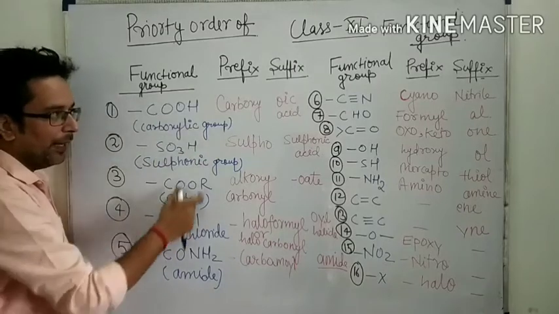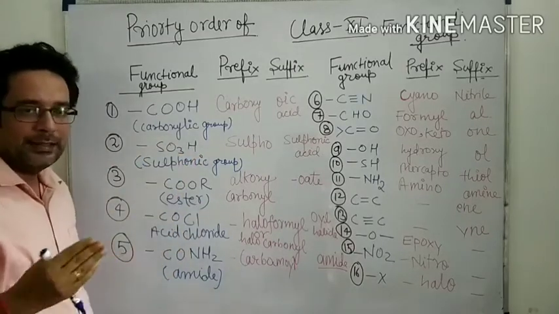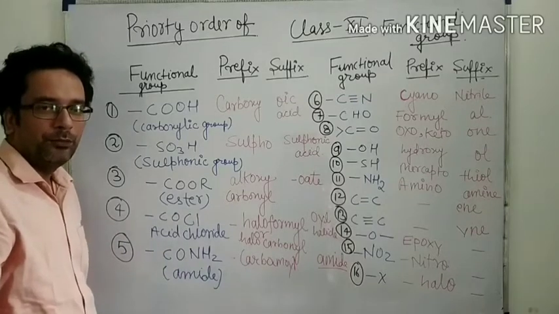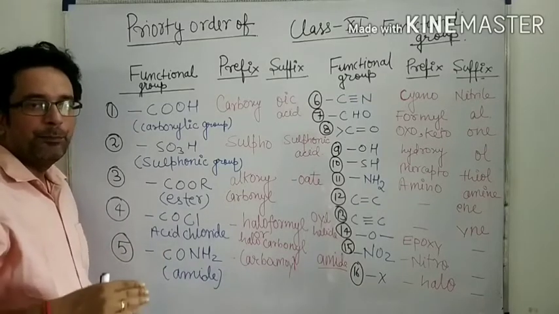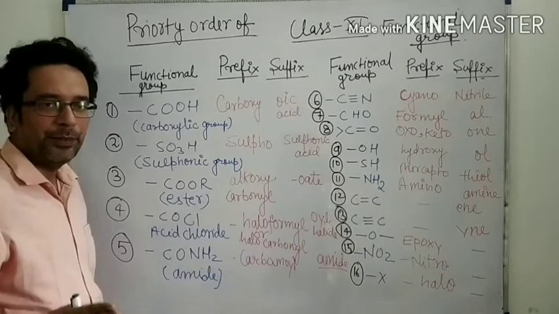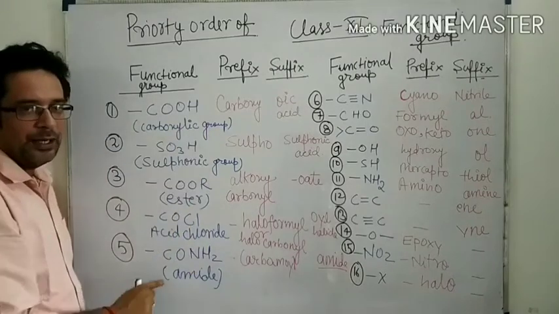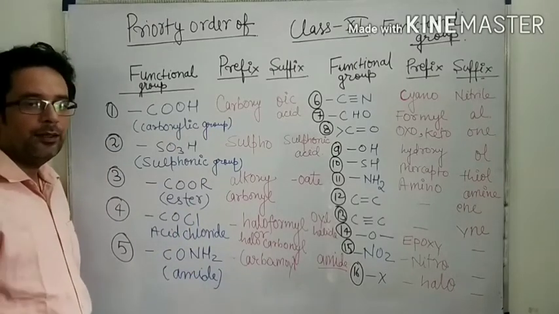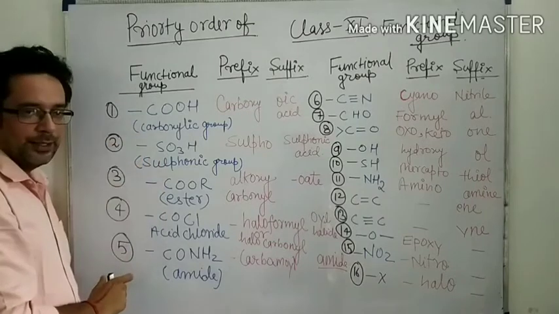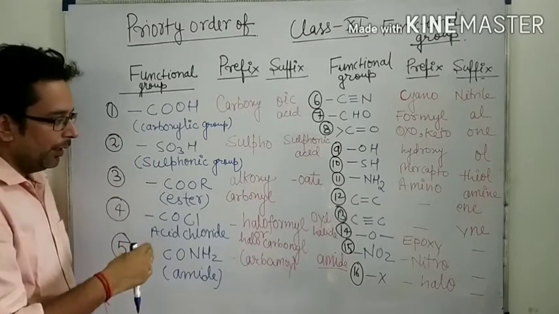On the basis of this seniority table or priority order, we identify which functional group is the principal functional group and which functional groups are used as prefixes. So take a screenshot of this, note it down in your copy and learn it according to the sequence, that is, the priority order.